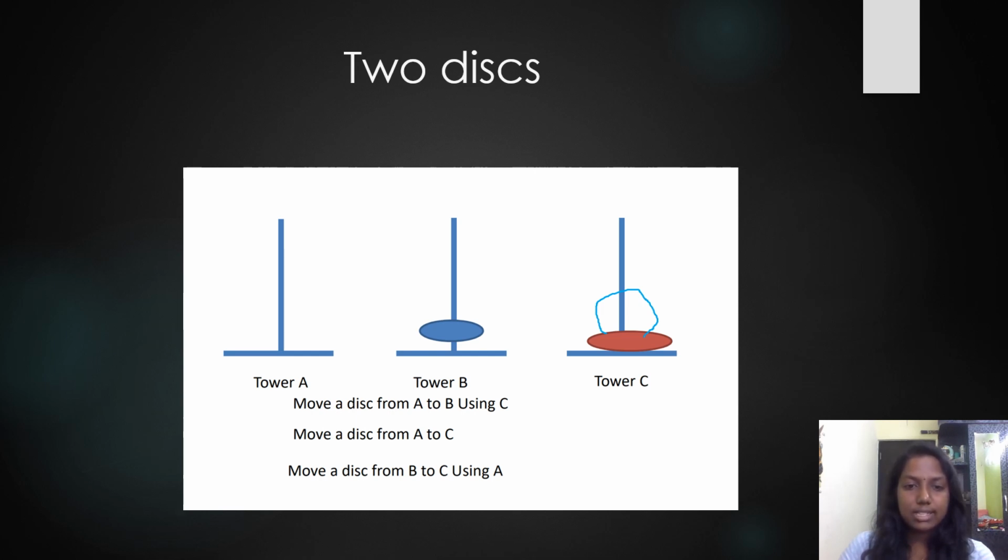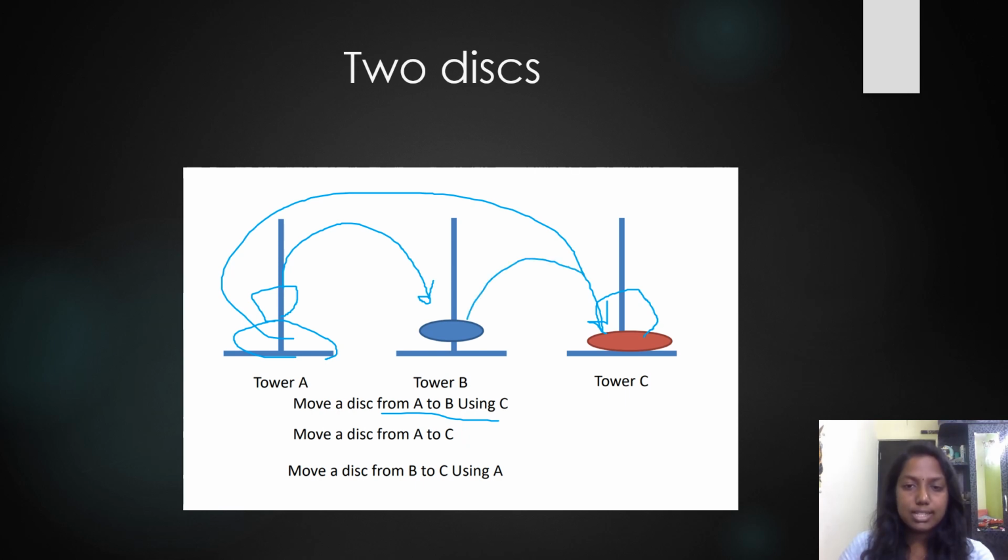So as it says, move a disk from A to B using C. Now the bigger disk is moved directly to C, and after this procedure, we move the smaller disk to C. So move a disk from A to B using C, and move a disk from B to C using A. This is what happens.